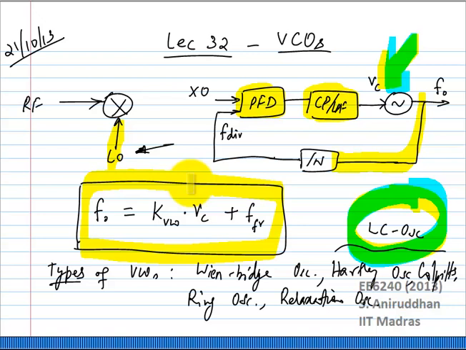What do you think we are going to try to do when we design this oscillator? You are going to try to maximize F max by F min, right? Because you want to maximize the tuning range of any oscillator. Why would you want to do that? Can you imagine any reason why we would want to maximize the tuning range?